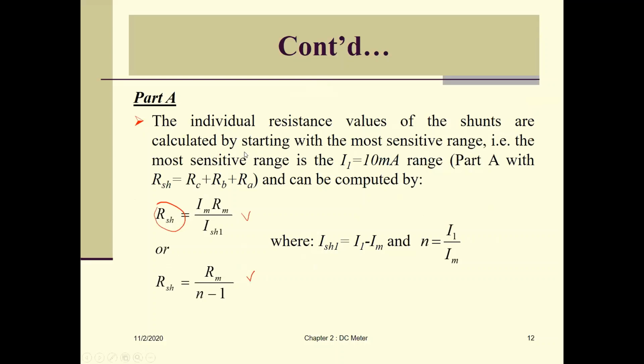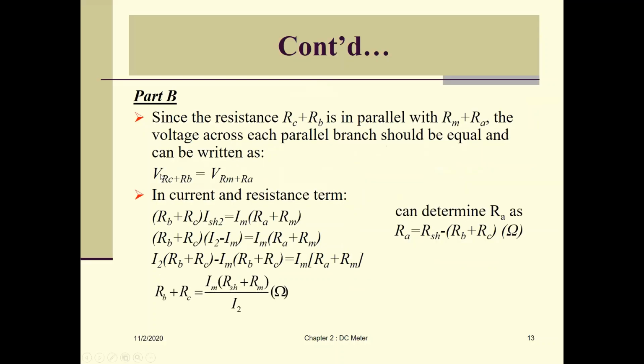That's why on part B the resistors RC plus RB and RM plus RA are in parallel, so the voltage will be the same. Then just substitute into the formula. This is the formula to calculate RB and RC, and this is the derivation to get this formula.